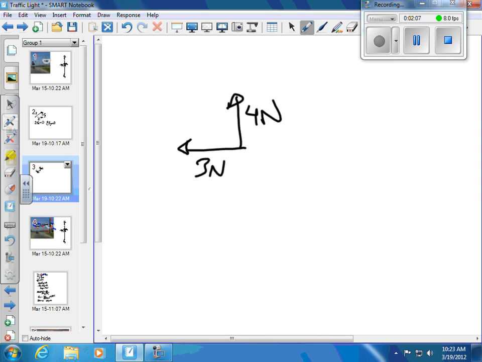It'd be 5, but how do we get there? What does the sum of the forces in the y direction have to equal for it to be in equilibrium? Zero. That's easy, right?